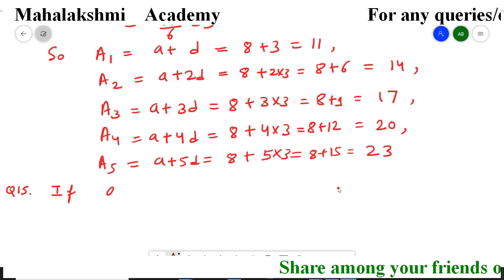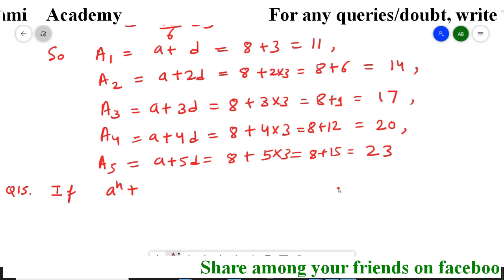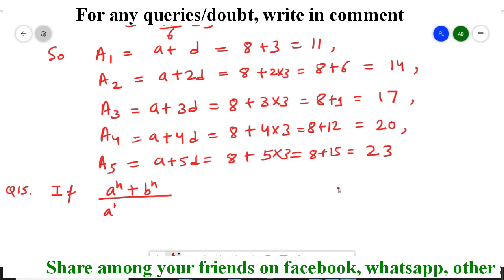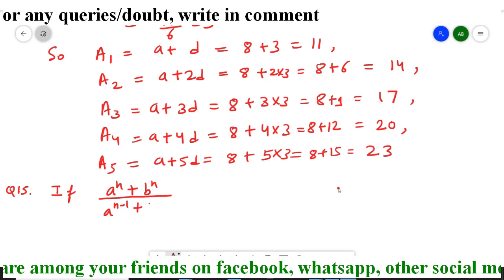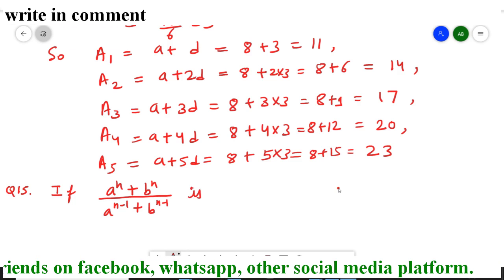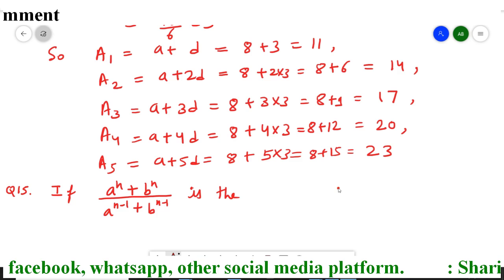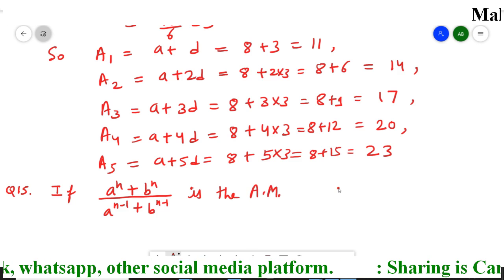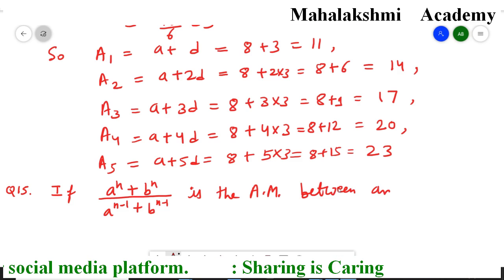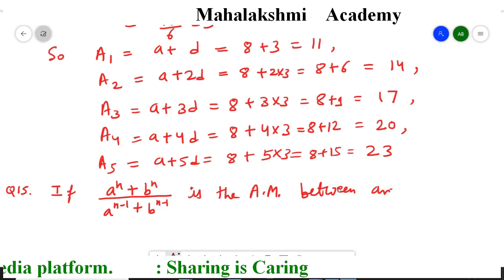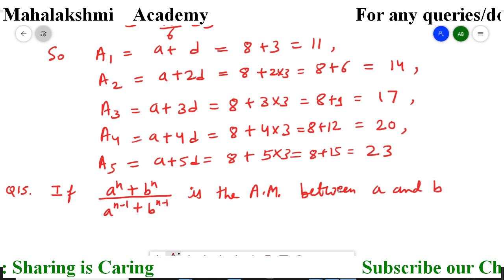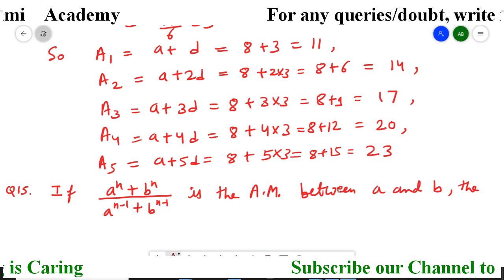If a to the power n plus b to the power n upon a raised to the power n minus 1 plus b raised to the power n minus 1 is the arithmetic mean between a and b, then find the value of n.